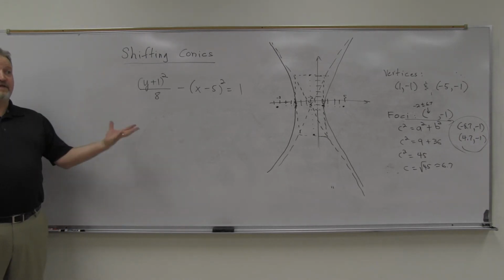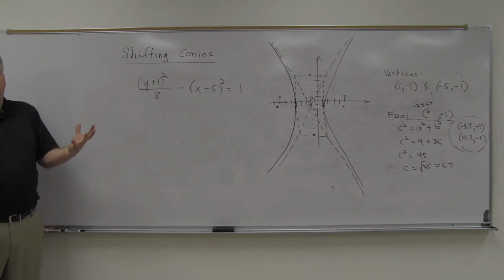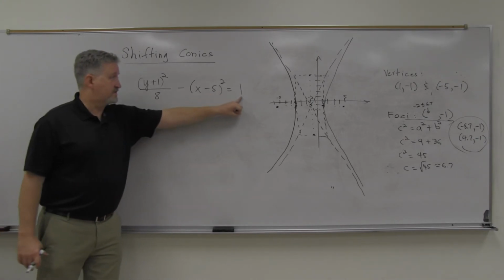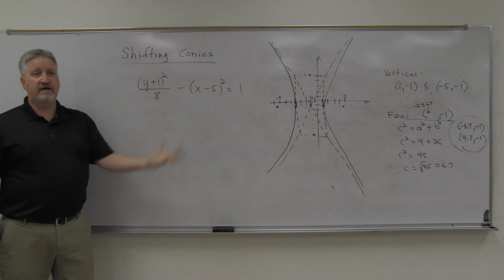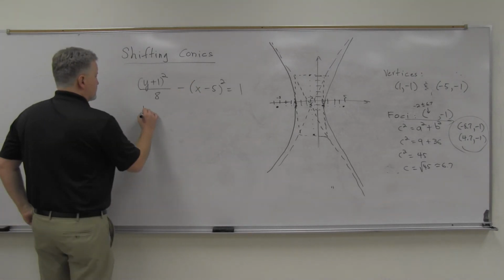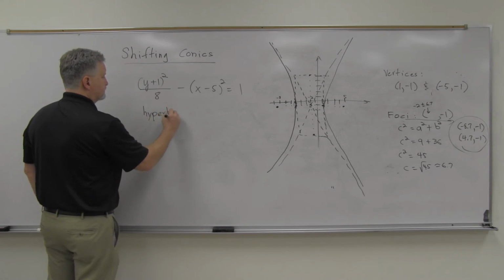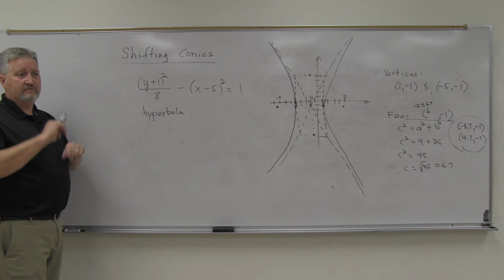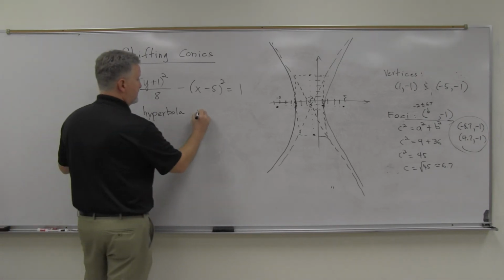But this is in standard form of a hyperbola, isn't it? Because I've got the one on one side, and it's got the y squared minus the x squared. So this is a hyperbola. Now the y squared is first, so what does that mean? Upper and lower branches.